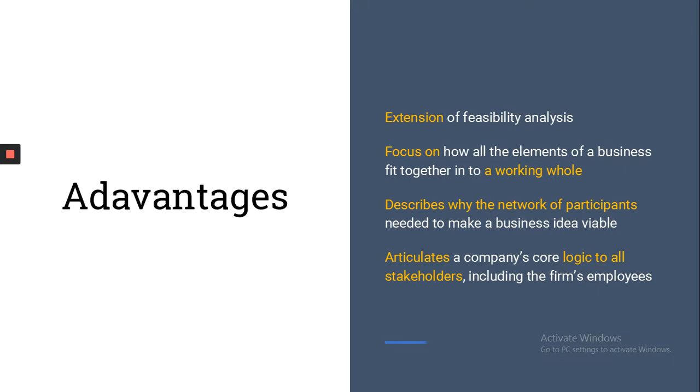There are certain advantages of the business model and reasons why it is important. One, it is the extension of the feasibility analysis we introduced in the previous lectures. Again, does it make any sense to you if the business model canvas or the overall story or the overall picture lacks some important elements? If there are certain elements or certain actors or certain actions which don't make any sense, it means your business model has certain flaws. Which means it's not feasible to start that business.